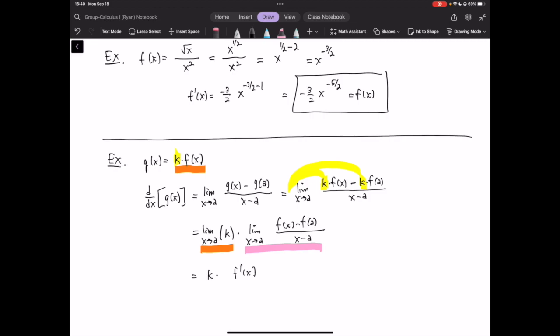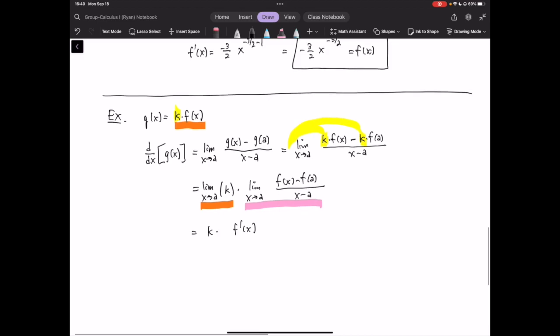All right? So, this might even seem completely obvious to you guys, but what this means is that when we have a function that is a constant multiple of another function, and we know how to take the derivative of that second function, then we can just factor out the constant and take the derivative of the existing function. So here's how we would write this.